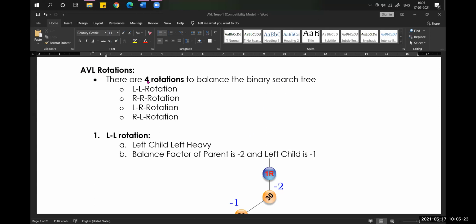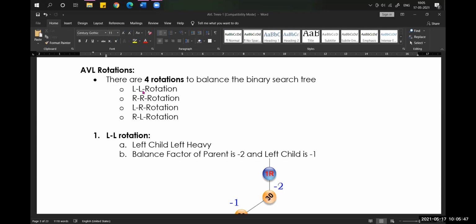Now, what are the different types of rotations? Let us discuss each one with an example. One is LL rotation, next RR rotation, LR rotation, and then RL rotation. Here R indicates right, L indicates left.